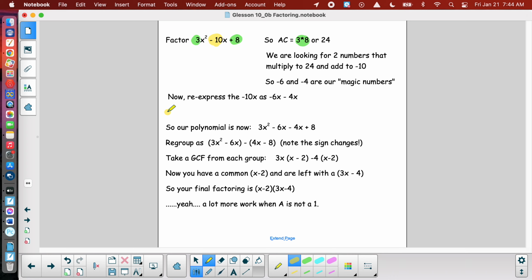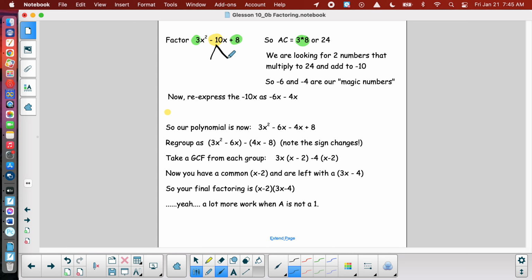But my polynomial isn't x minus 6, x minus 4, because, number one, that wouldn't work. x times x is not 3x squared, it's just x squared. So what we do is we use those magic numbers to split up my middle term into two terms, and the exact way we split it is by my magic numbers.